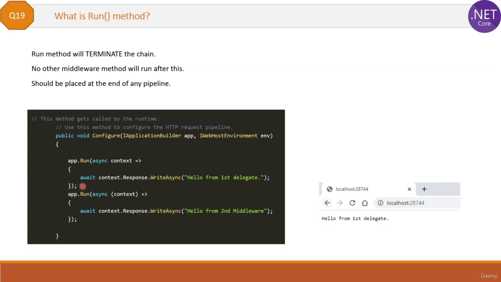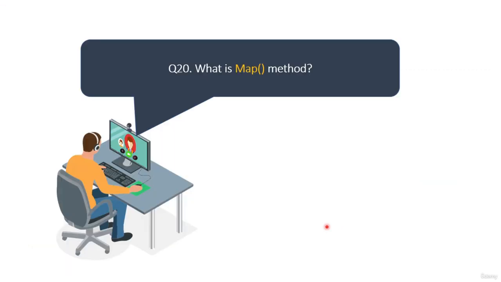That is the reason the Run method should be placed at the end of any pipeline, because after that nothing is going to execute. I hope you now understand the difference between the Use and Run methods. Now the last one is the Map method, which we will discuss now.